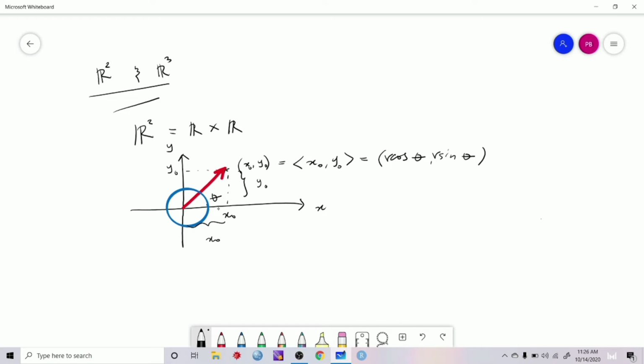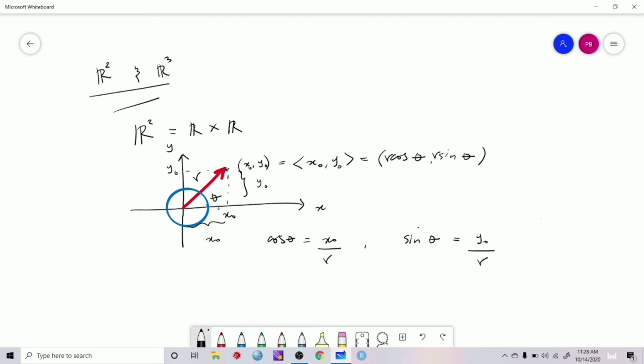So if we let the length of the arrow be r, cosine of the angle is the adjacent, x naught, over the hypotenuse, and sine of the angle is the opposite, y naught, all over r.